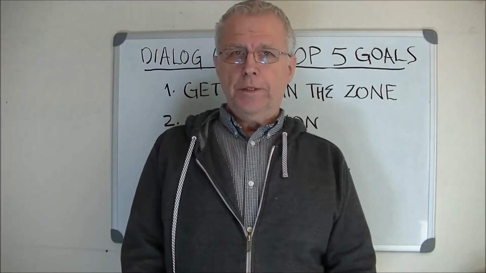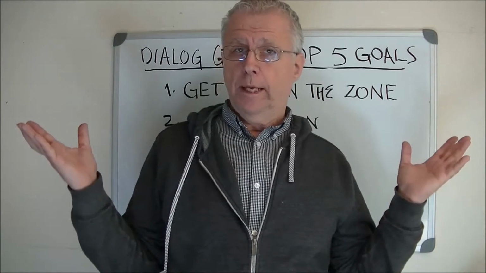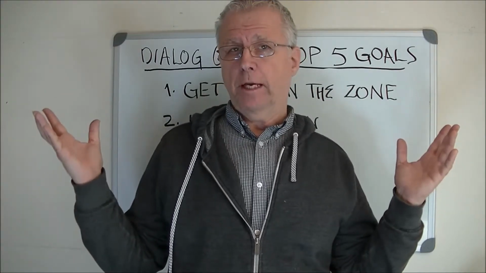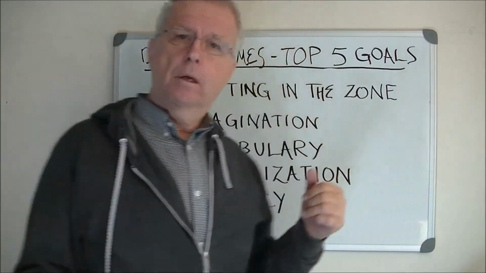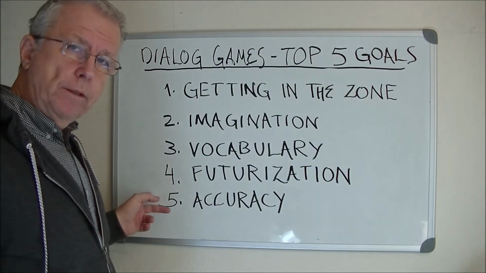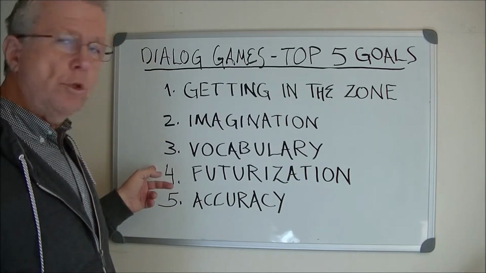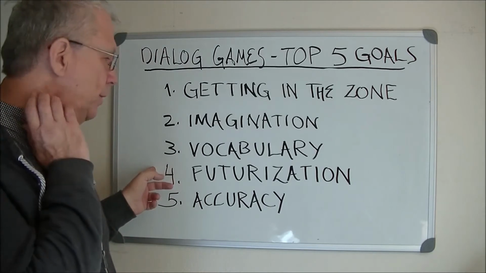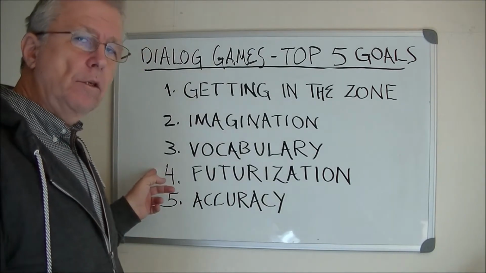Okay, a quick quiz. How many of the 5 goals do you remember, and can you name off the top of your head? Let's review them just for a second here. Number 5, least important but very important, is accuracy. Number 4, futurization, the ability to look into the future while you're playing the last thing that you futurized.